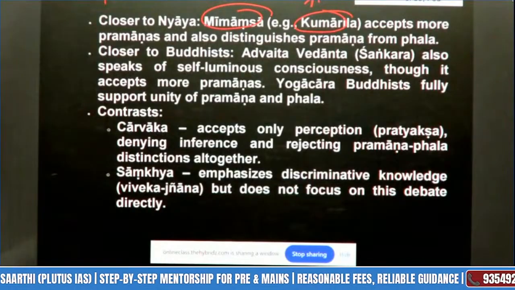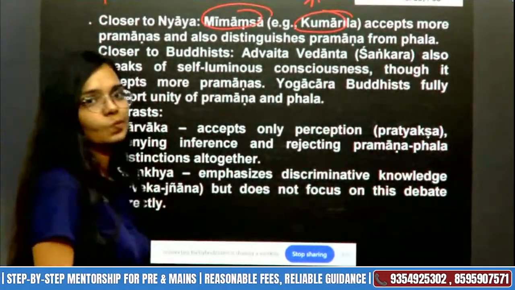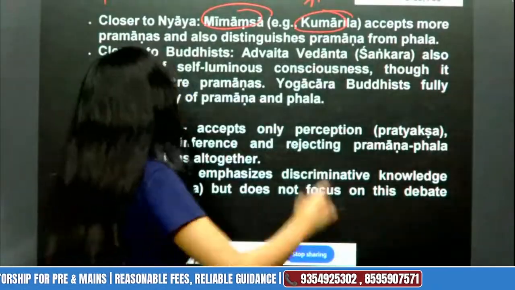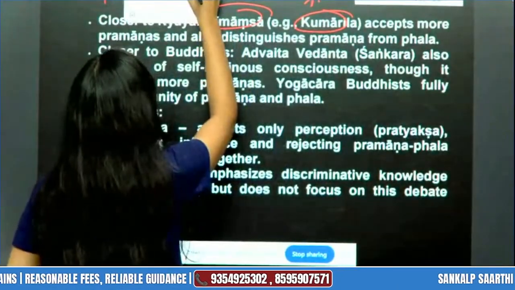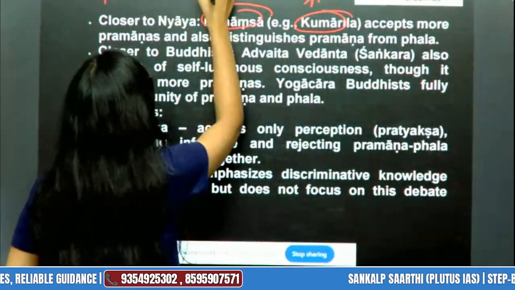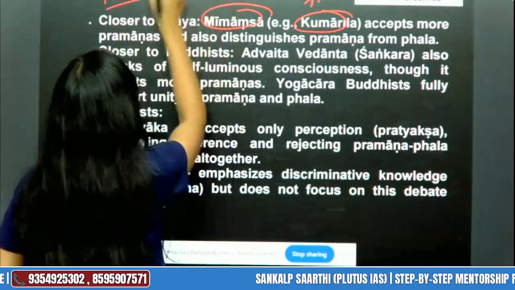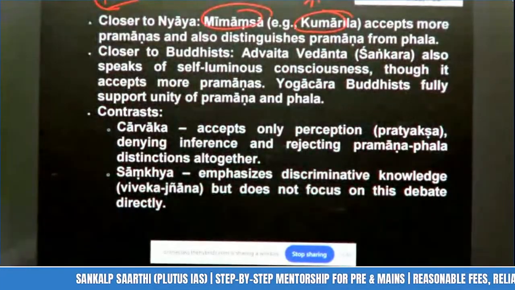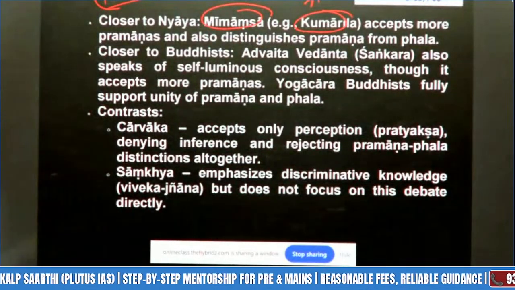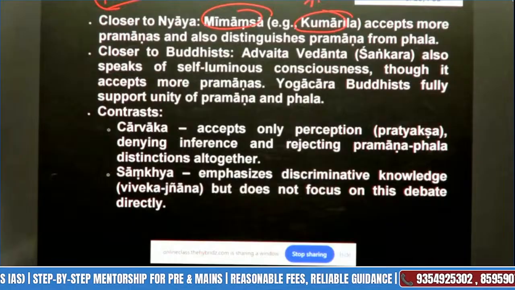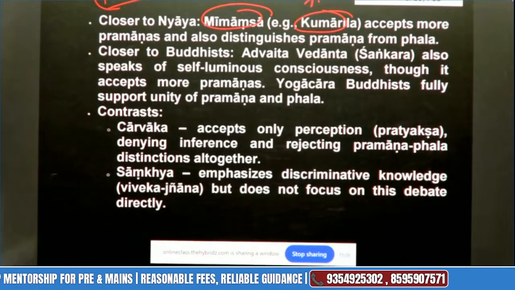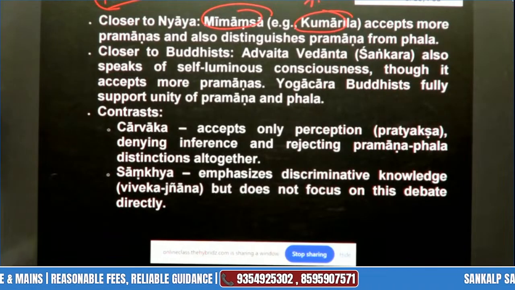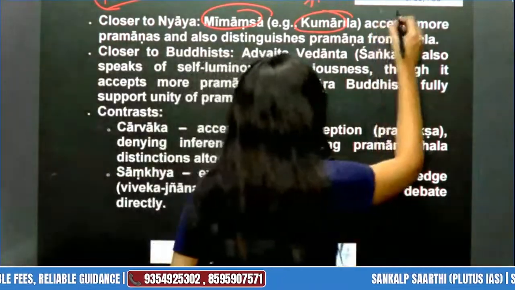Upaman and Anuman. So, Pratyaksha, Anuman, Upaman, Shabda, Arthapati and Anuplabdhi. All these six were accepted by Mimamsa, and both Mimamsa theories, Prabhakara and Kumarila, both of them accepted.